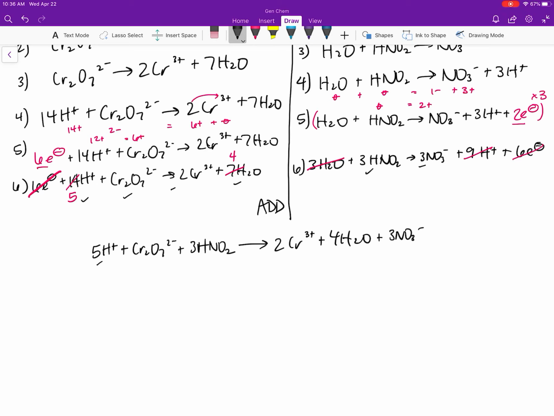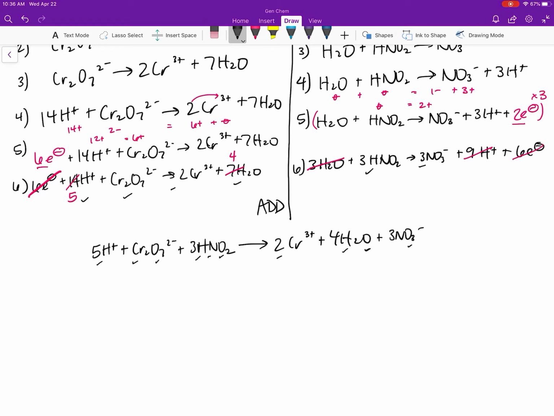So I have 5 protons plus 3 is balanced with my 8, 2 chromiums, 7 oxygens here, and 6 there, which gives me 13 oxygens. And over here I'm going to have 4 plus 9. Yeah, that's 13. 7 plus 6 and 4 plus 9 both equal 13.